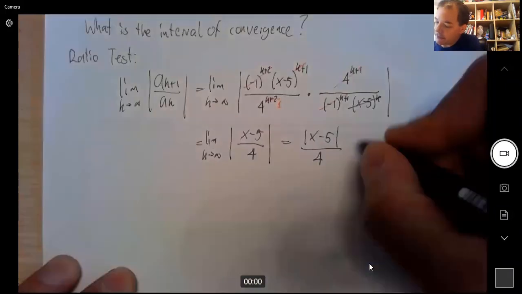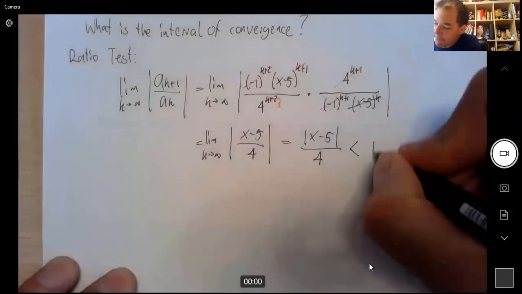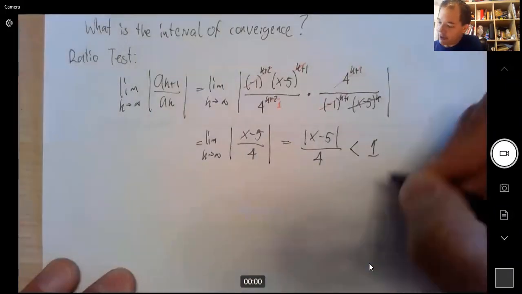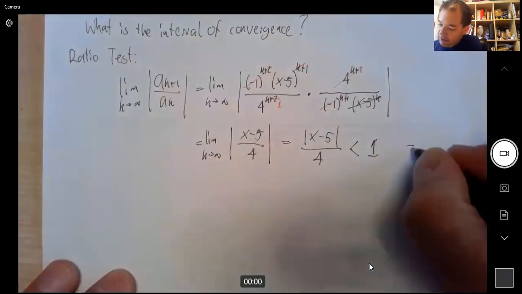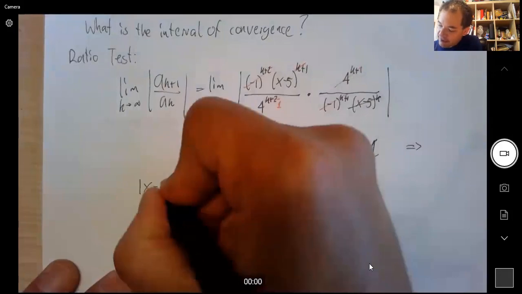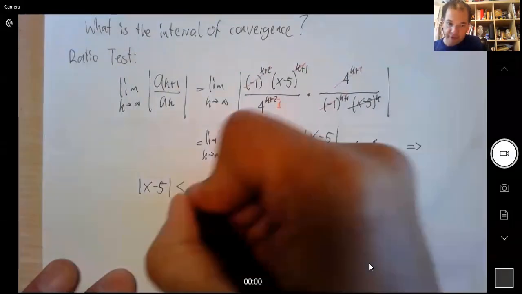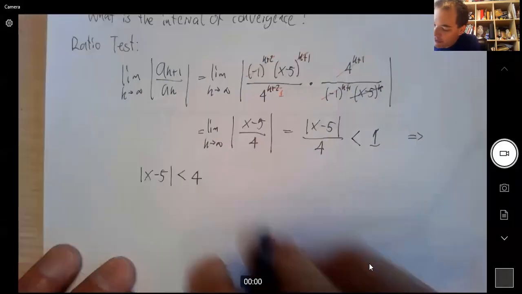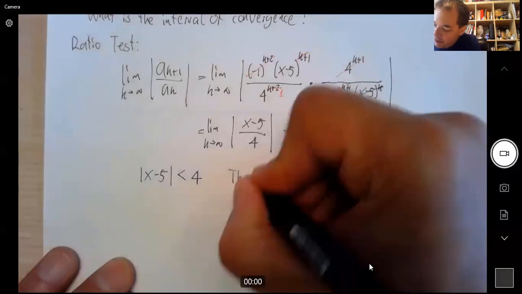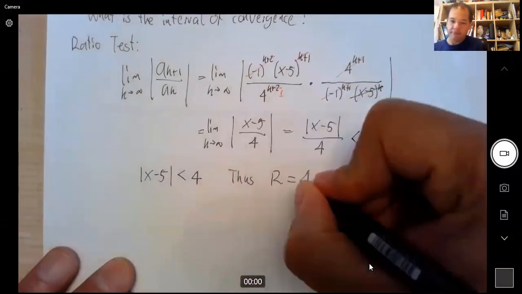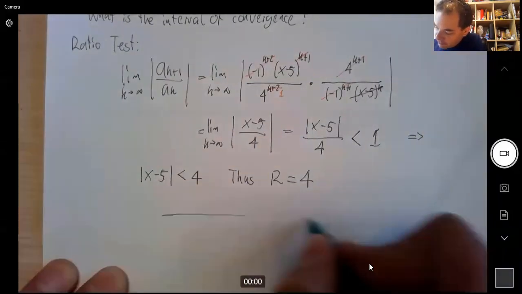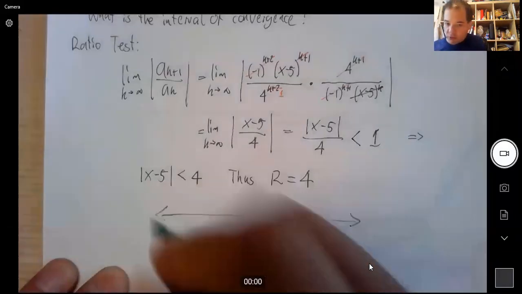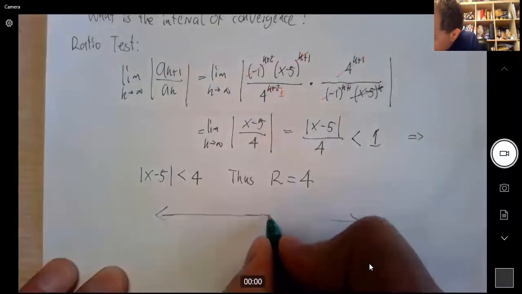And then ratio test. We ask ourselves, is this less than 1 to know it's convergent? And this is the same as absolute value of x minus 5 less than 4. So that tells me the radius of convergence. So R is 4. So we can draw a picture here for when this function will be convergent.